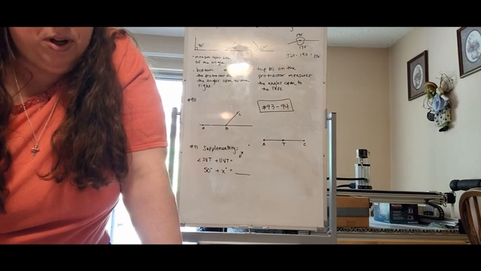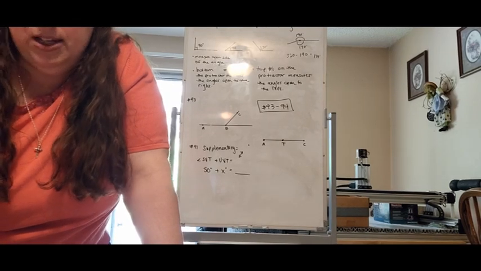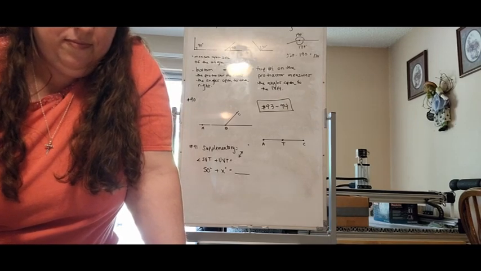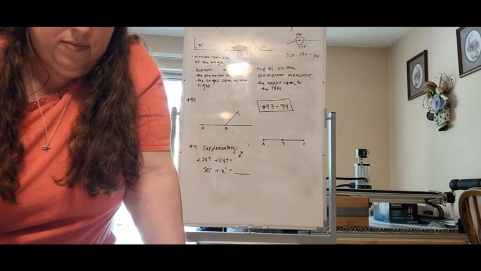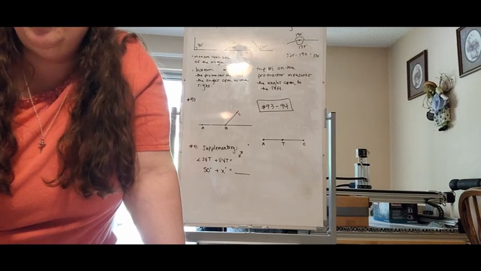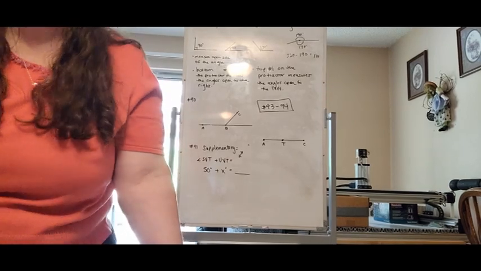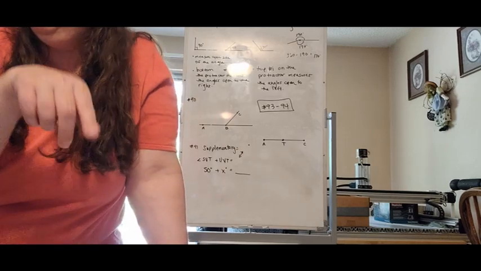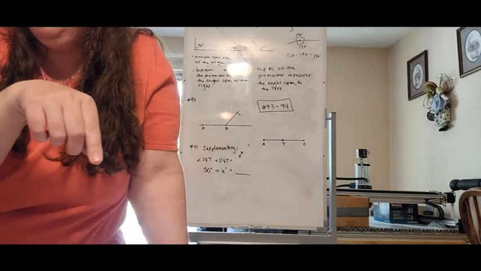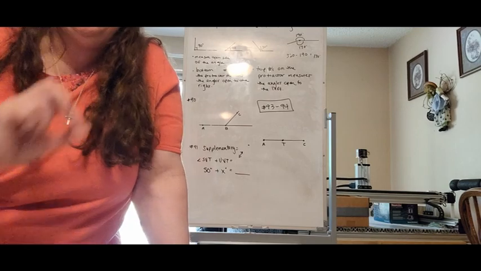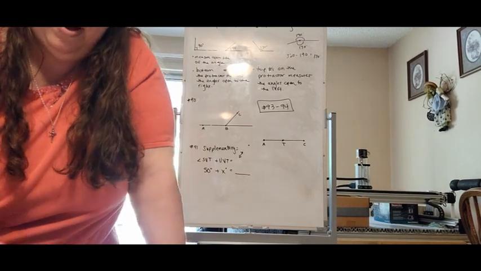So this is 175 plus 50, which is 225. Now I know that if I went all the way around that circle, it would be 360, right? So what is 360 minus 225?